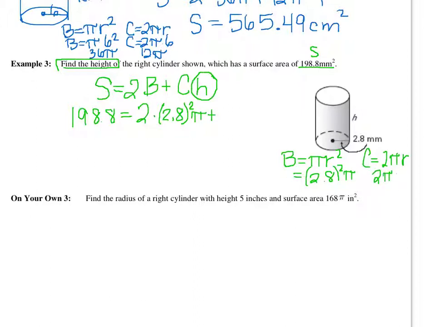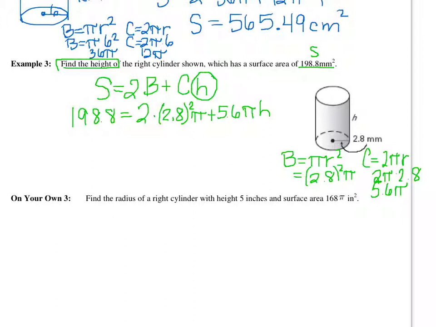So 2 pi times 2.8. So 2.8 times 2 is 5.6 pi. That's my circumference. So plus 5.6 pi times my height. So now we need to solve for all of this.